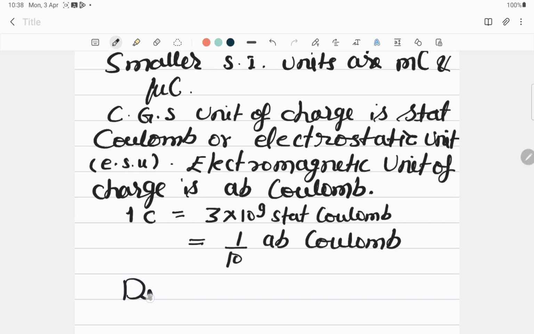And also the dimensional formula of charge.